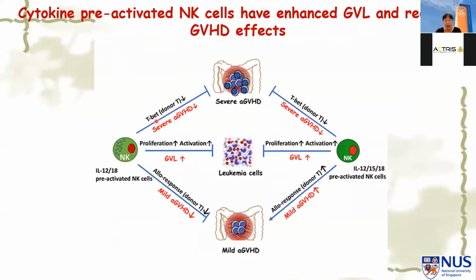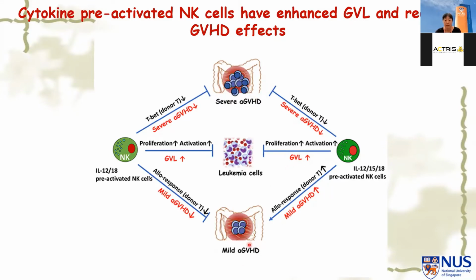We had a paper published a couple of years ago looking at cytokine pre-activated NK cells, where we found the IL-12-18 and also the IL-12-18-15 combination can both promote graft versus leukemia effect during transplantation, and they can also inhibit severe acute GVHD.